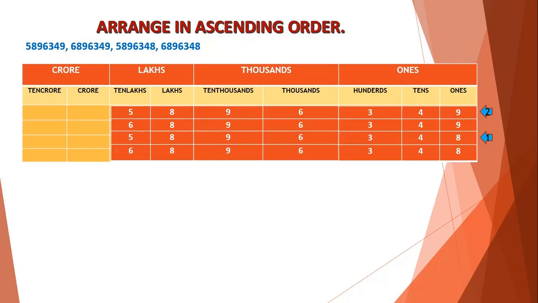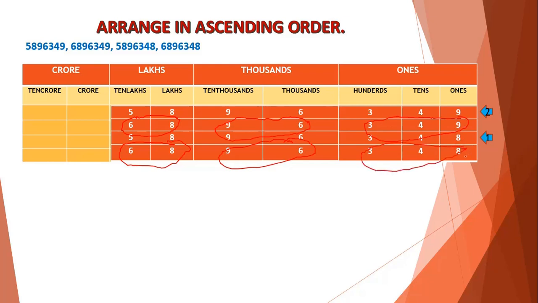Out of these two, we need to choose the third smallest. We have 68 in the lakhs. In thousands, we have again the same 96,000. And if you look at the ones period, here we have one number as 349, another number we have 348.